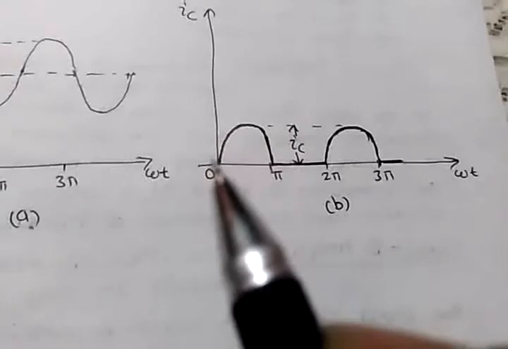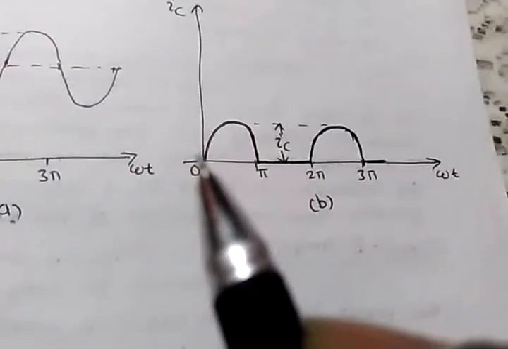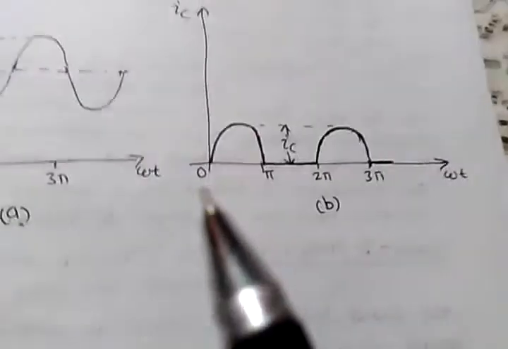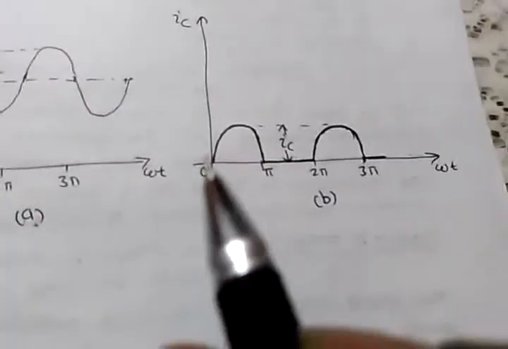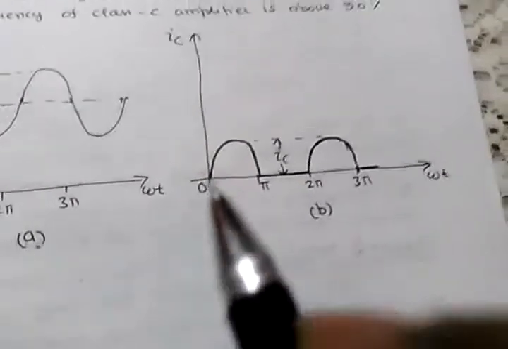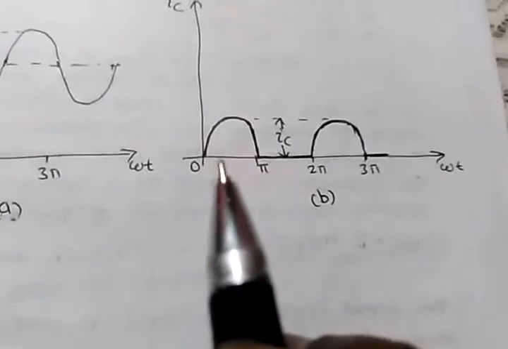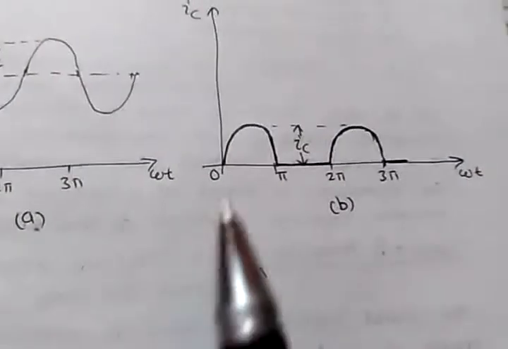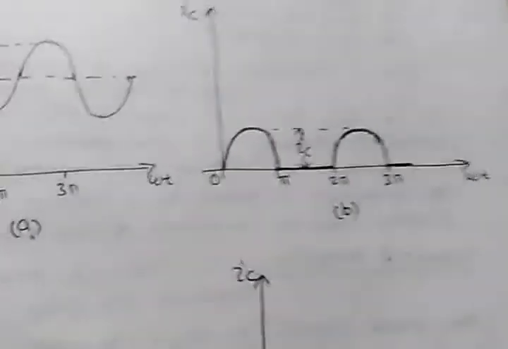So using two class B amplifiers, one for the positive half cycle and another for the negative half cycle, we can get output for the complete input cycle. This arrangement of class B amplifier is known as push-pull amplifier. We will discuss push-pull amplifier in a later section.